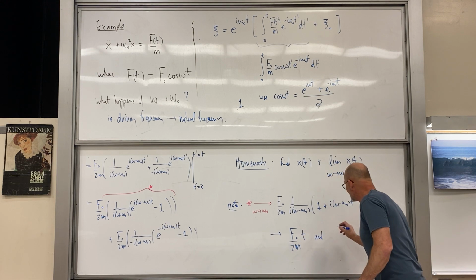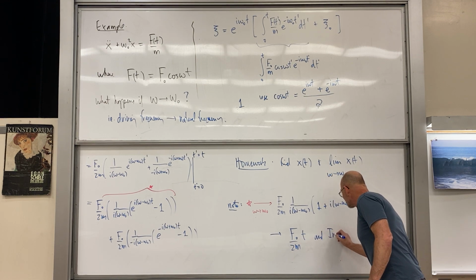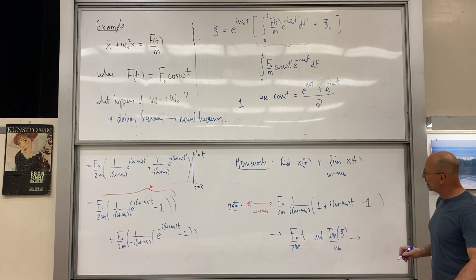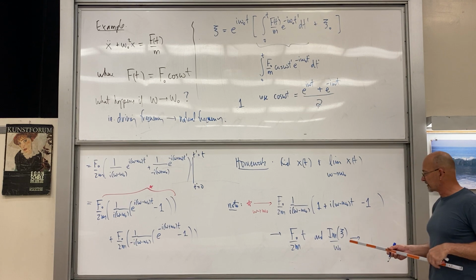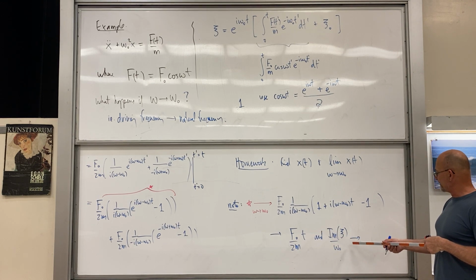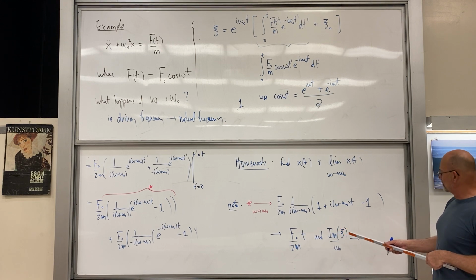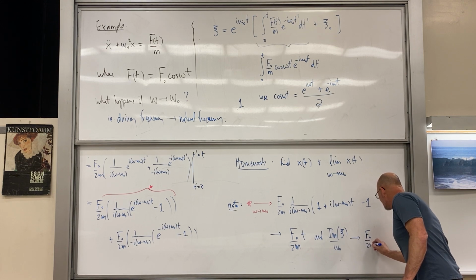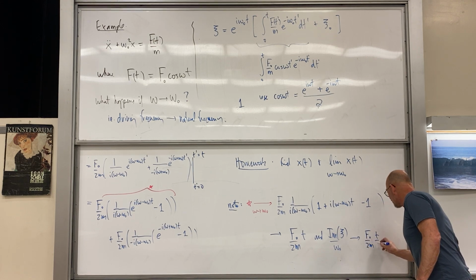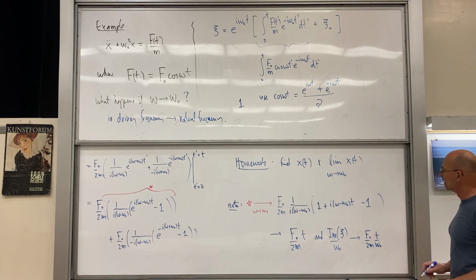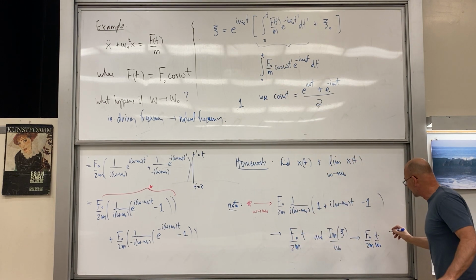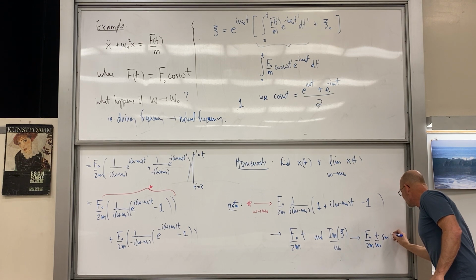And the imaginary part of c divided by omega naught will then go to, at least the part that interests us, okay, this is the dominant part, F naught over 2m times t over omega naught, and then out of this thing you have i sine omega naught t, so sine omega naught t.